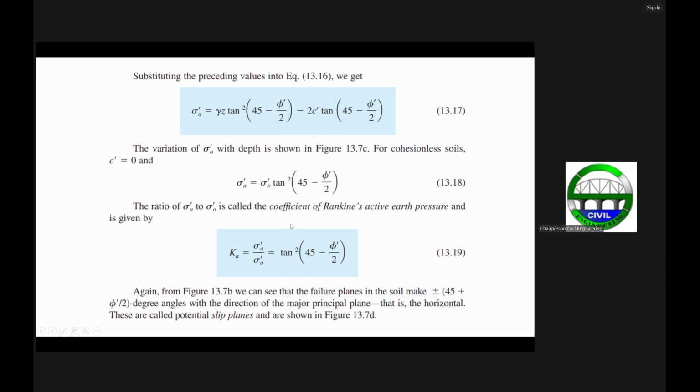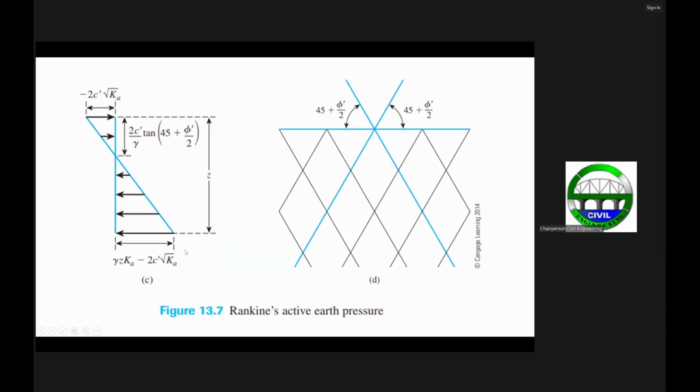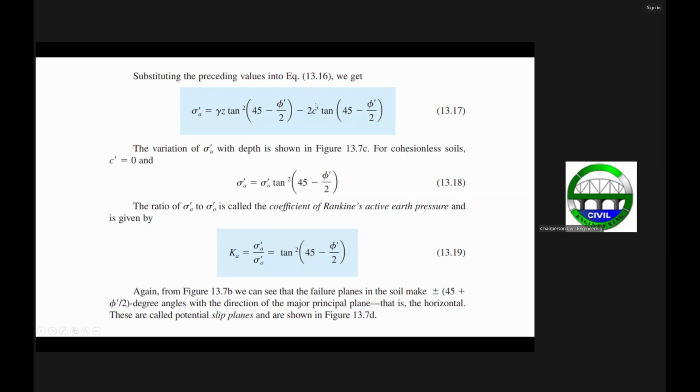So from this equation, this can be equal to gamma z times K, and this term can be replaced by K, considering this equation. So that gives us gamma z times K sub a, and minus 2c prime times the square root of K sub a, because K sub a is equal to the square of tangent.